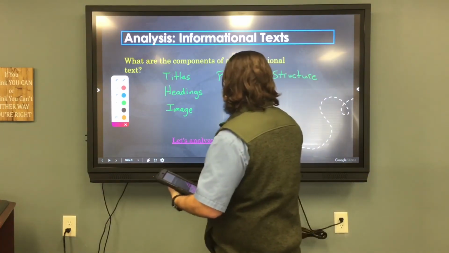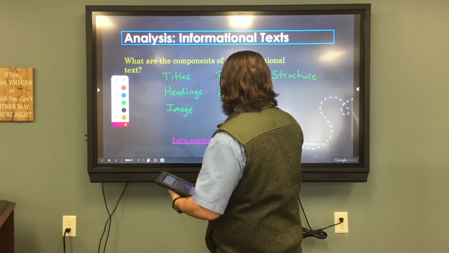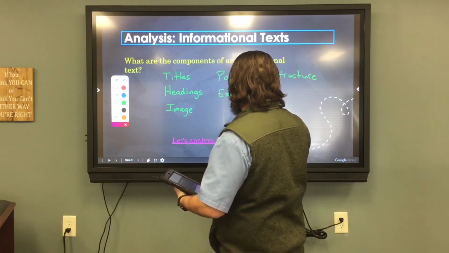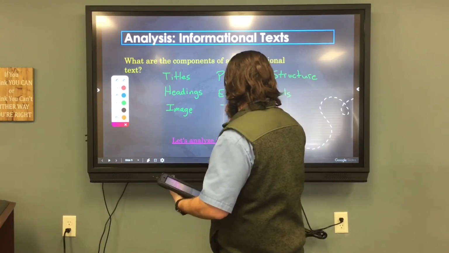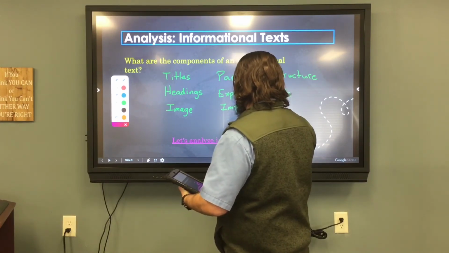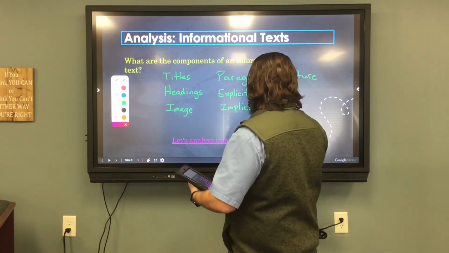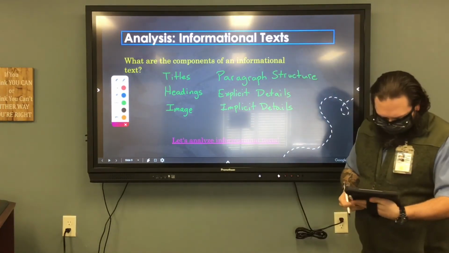And then of course, explicit details, stuff that is stated directly in the text. And then the implicit details, which are those things that are implied, that require us to use critical thinking to determine.